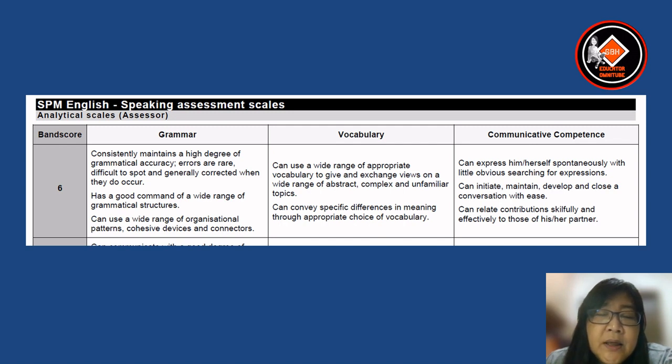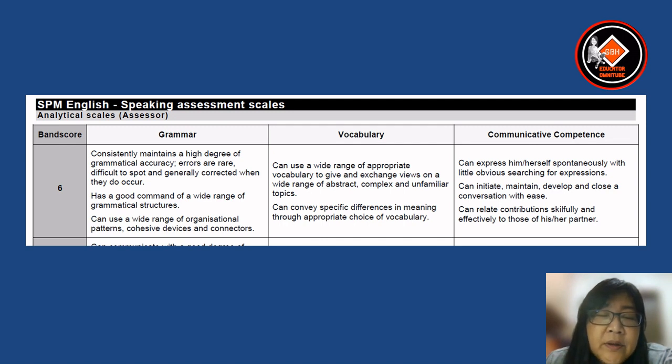So when you are speaking, if you realize that you have made a grammatical error, for example, you are using the wrong tense, instead of past tense you use present tense, and you correct the error, you can still get the score of 6.